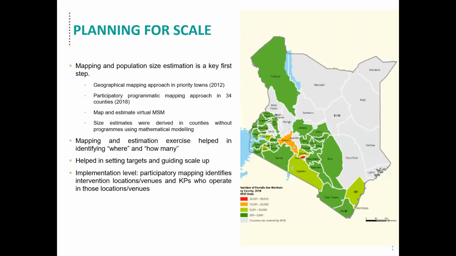Since estimates were derived in counties without programs using mathematical modeling, the mapping and estimation exercise helped in identifying where and how many, and helps in setting targets and implementation level. Participatory mapping identifies locations, venues, and the KPs who operate in those venues. And the map here shows that. Next slide.